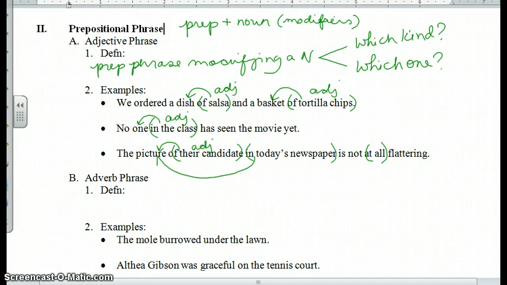Well, it happens to tell me about which picture, which makes it also an adjective. Now, this at all back here is kind of a weird one, and it's not an adjective. It's snuck on there. So it actually happens to tell me to what extent it's not flattering. So just as a preview, this one is an adverb, which segues us into adverb phrases.